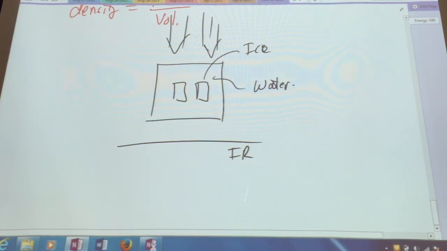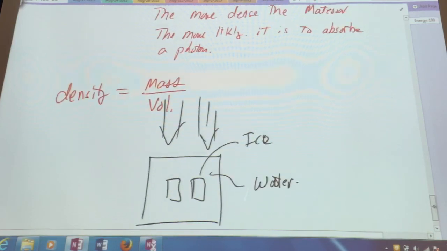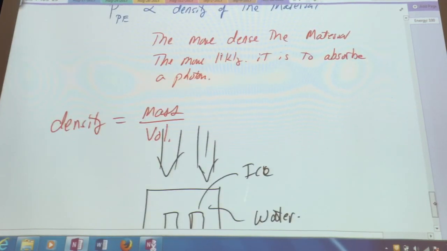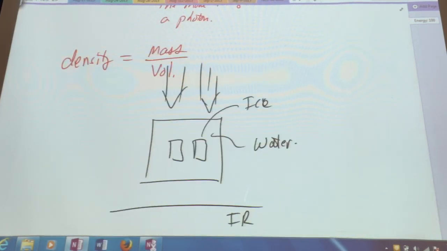They get more absorption that way? It's not necessarily nice. Does the ice absorb the same way the water does? No. The ice is less dense. So did I tell you how it goes with density? I did say the more dense it is, the more likely it is to absorb.